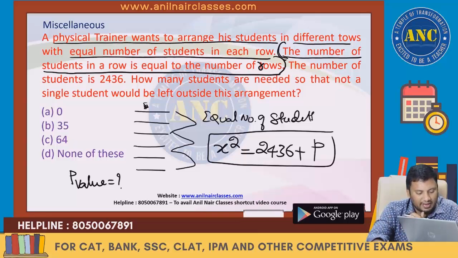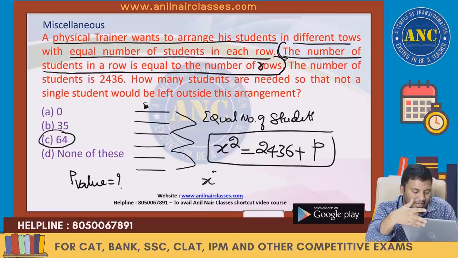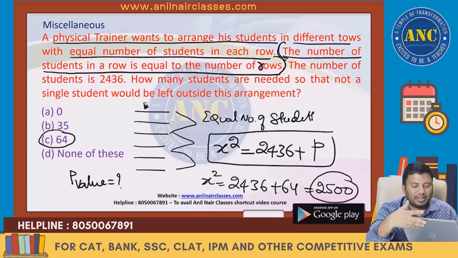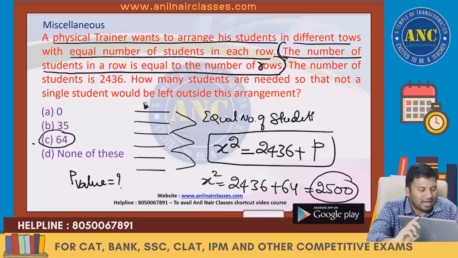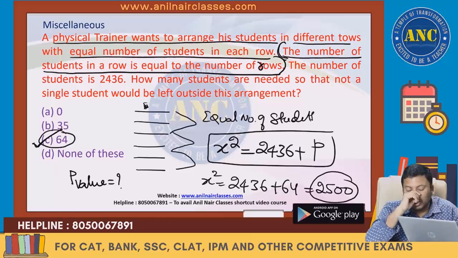Now see here, what you can do is, if you substitute 64, x square is nothing but 2436 plus 64, which is 2500. 2500 is a perfect square. Answer is 64. None of these would mean 0 does not satisfy, 35 does not satisfy, 64 does not satisfy.